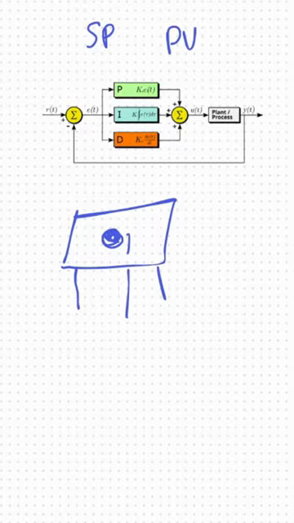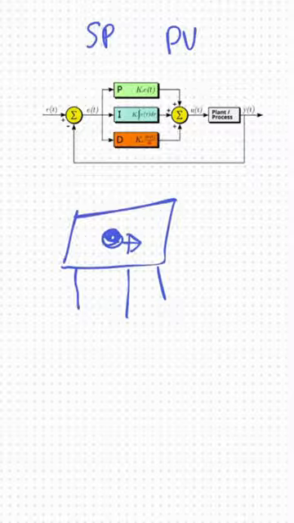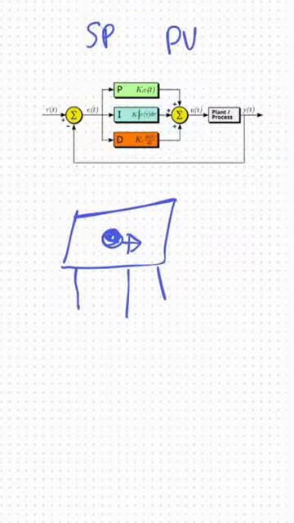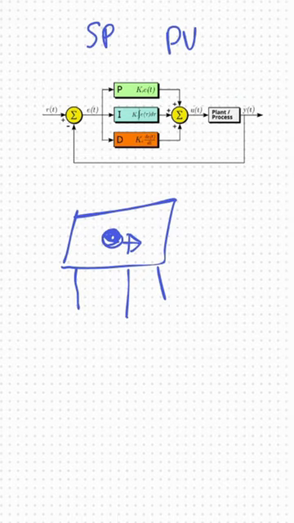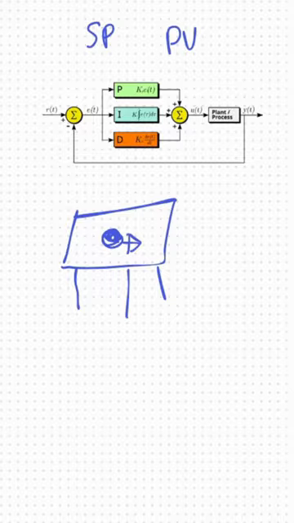Now imagine due to some disturbances, for example an earthquake, the ball starts to roll in one direction. So how do we bring the ball to the actual position? This can be done by tilting the board in the other direction. This way the ball can change its direction and continue to its original position.